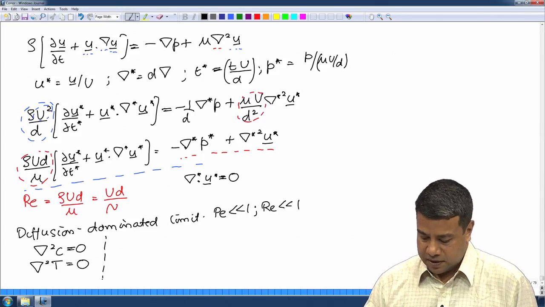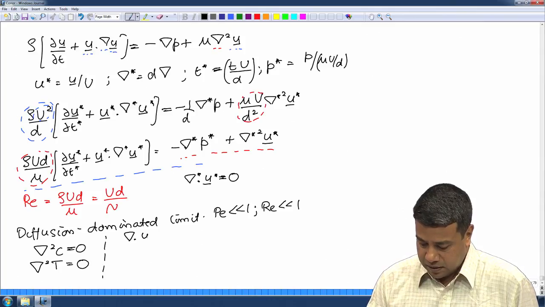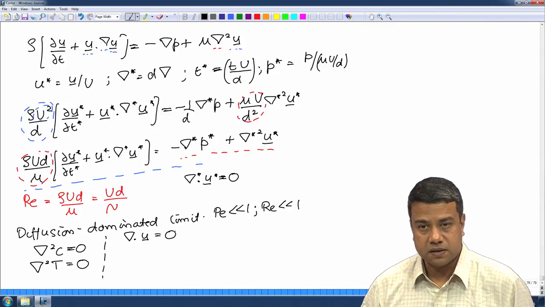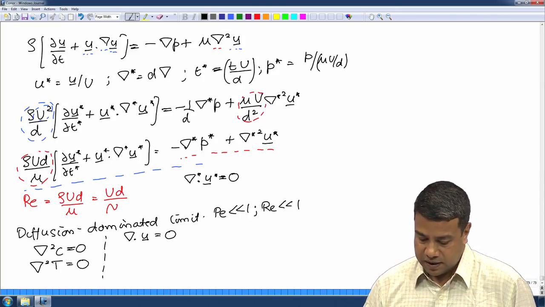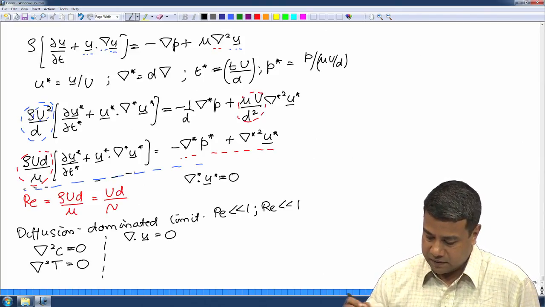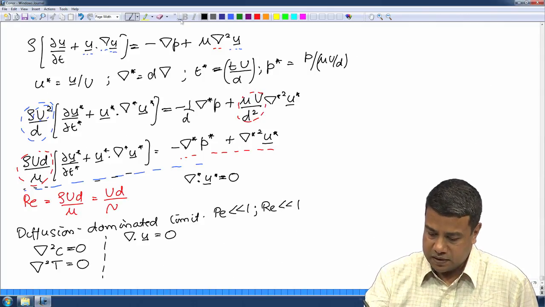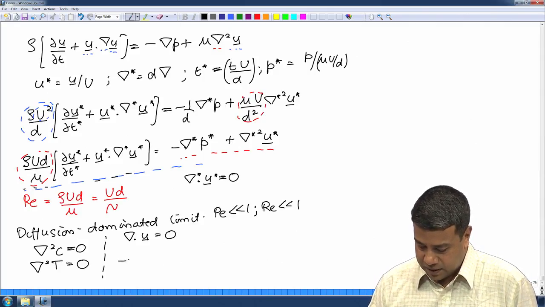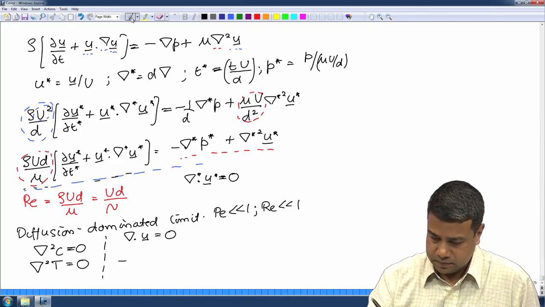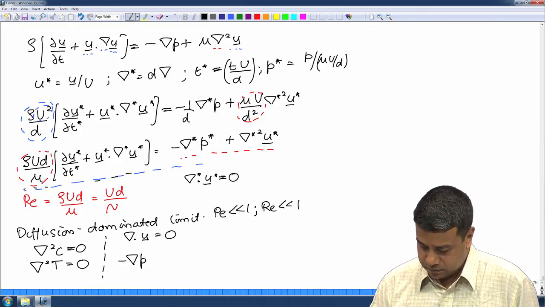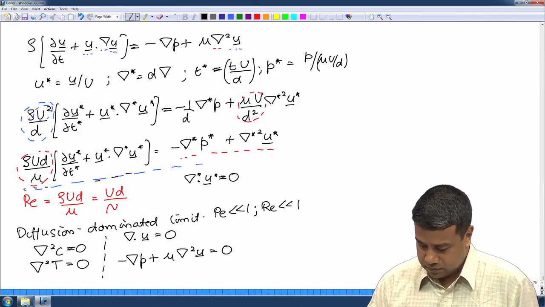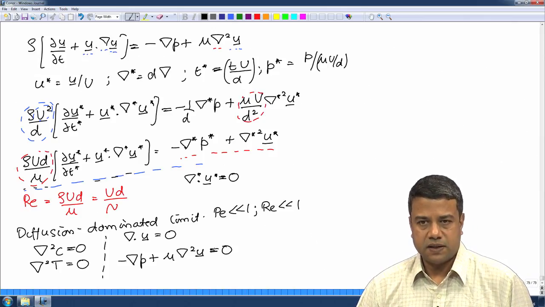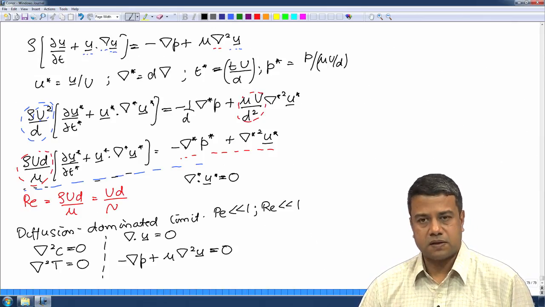For momentum transport, it is slightly more complicated. Del dot u is equal to 0 is the mass conservation condition, and if I neglect the inertial terms in the limit of the Reynolds number being small, the conservation equations reduce to minus grad p plus so, these have to be solved subject to boundary conditions.